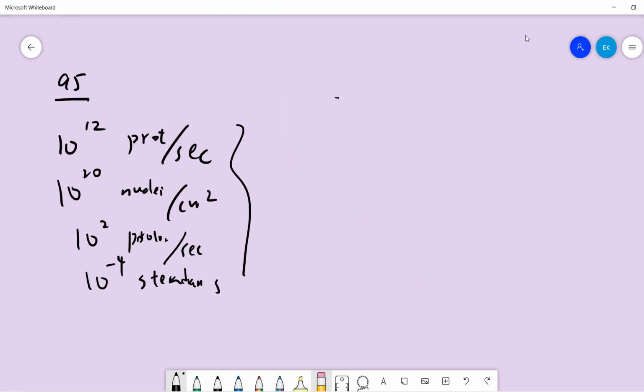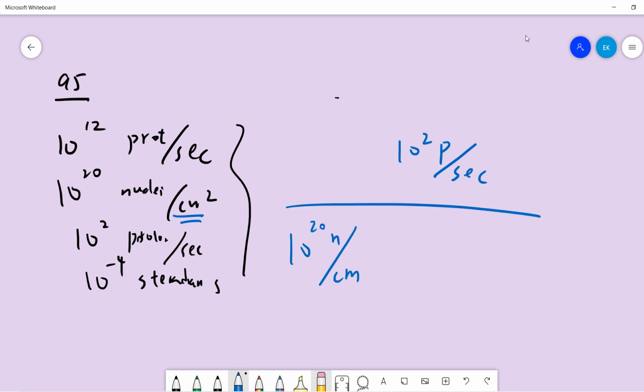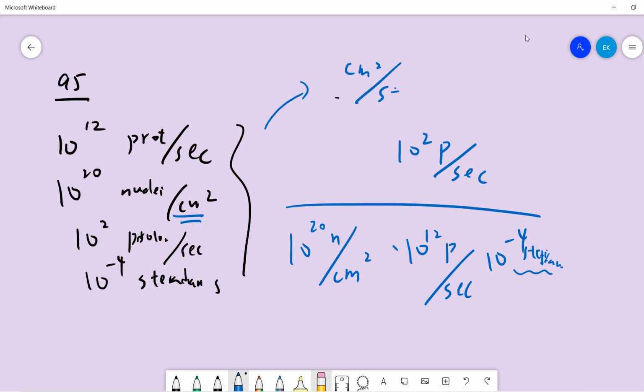The only way to get cm squared is to use 10 to the 2 protons per second divided by 10 to the 20 nuclei per cm squared, 10 to the 12 protons per second, and 10 to the minus 4 steradians. What we need is cm squared per steradian.